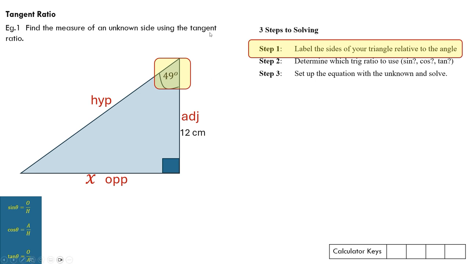We're told to find this using the tangent, so we know that's going to be our trig ratio, but just to confirm, tangent equals opposite over adjacent. Sure enough, we want to find the opposite, and we're given the adjacent, confirming that this is the trig ratio we want to use.